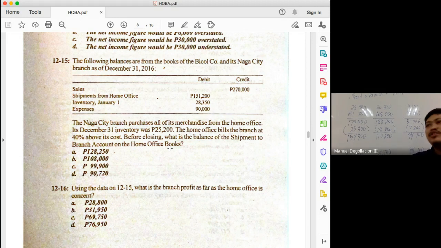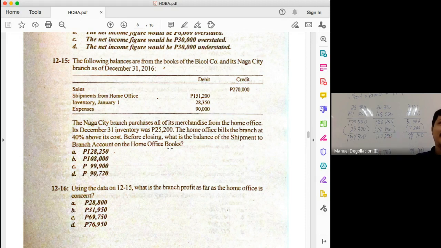And then last question, how much is the ending balance of the allowance account? What does the ending balance of the allowance represent? It represents the markup on the ending inventory. So how much is the ending inventory? 25,200. The true cost is 18,000.